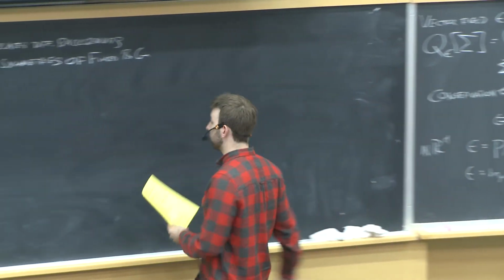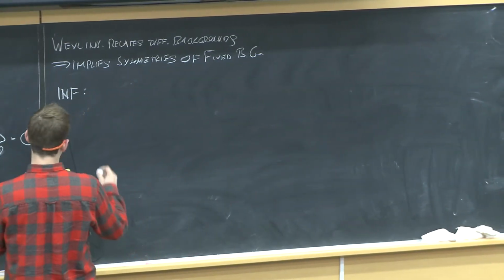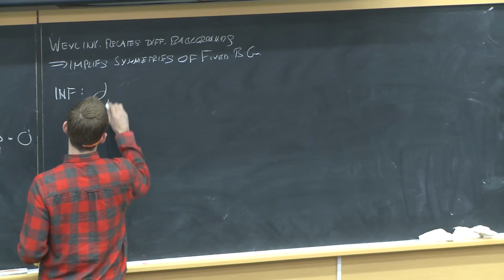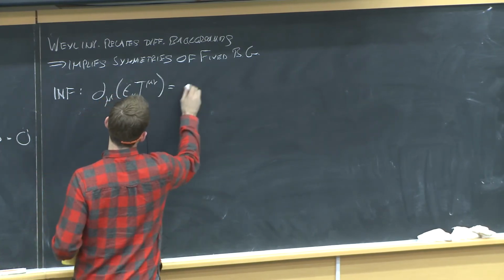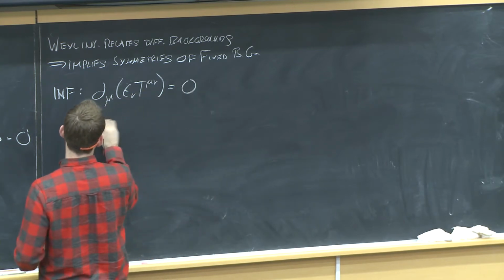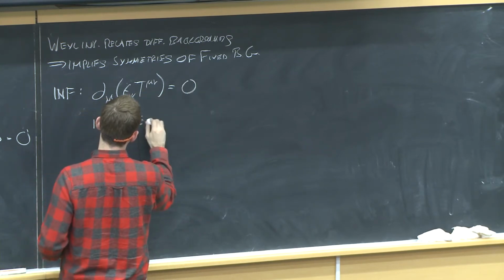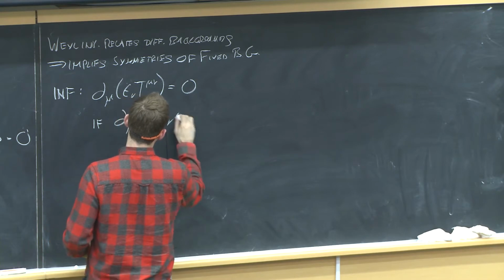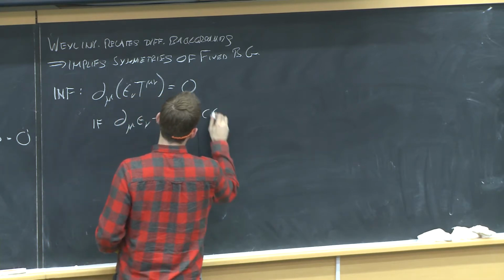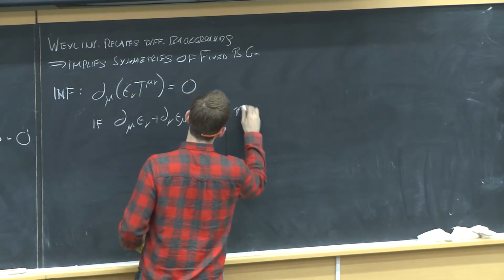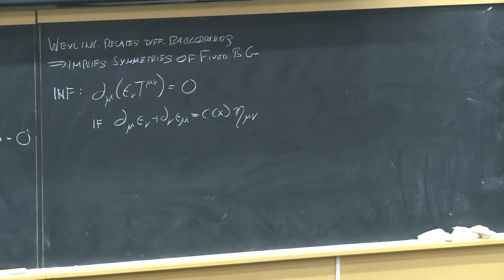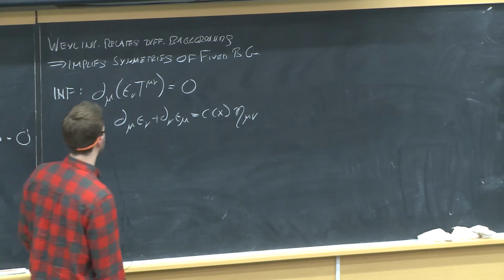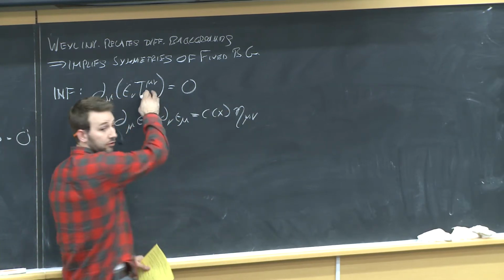But notice that if T mu nu is traceless, then I can also solve this equation if d mu epsilon nu plus d nu epsilon mu is proportional to the flat Euclidean metric, because then this contracts with the stress tensor and gives 0.